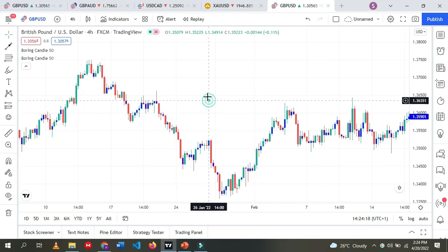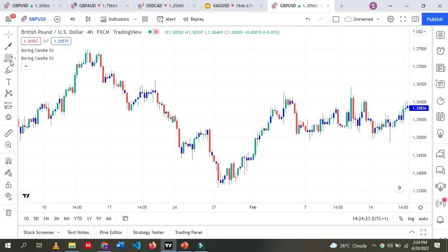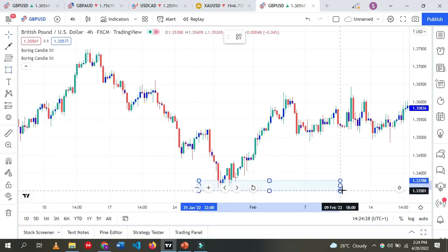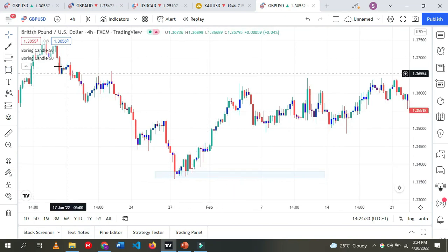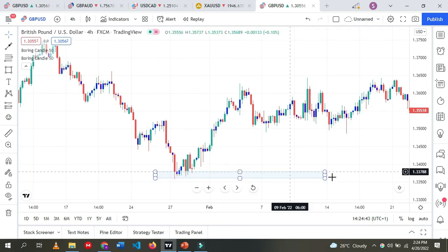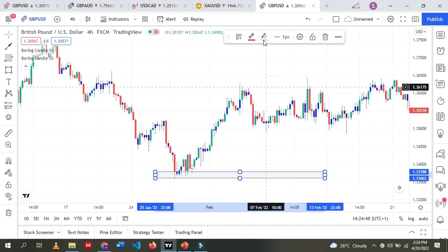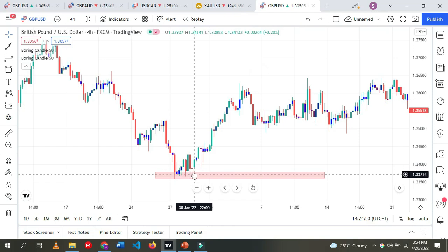Let's look at an example. Markets move from this level to this support. It wouldn't break it. Okay, let me make support color red. Now it came down to this support, couldn't break this support.